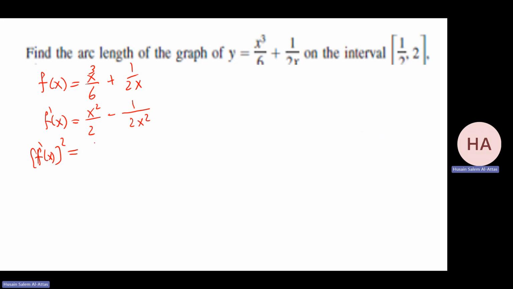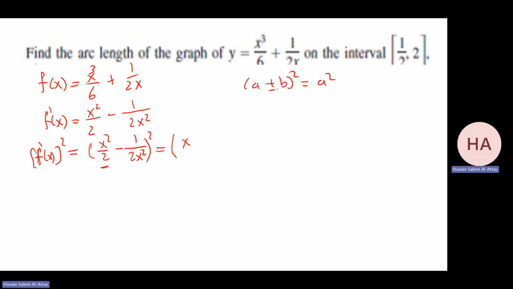will be what? Will be x to the power 4 over 4 minus... let me write it, do it in details, (x squared over 2 minus 1 over 2x squared) all squared. And that is equal to what? This is squared, you know, (a plus b) all squared.